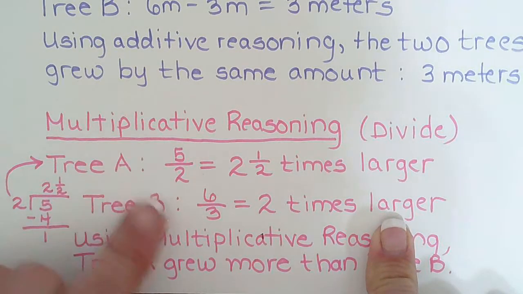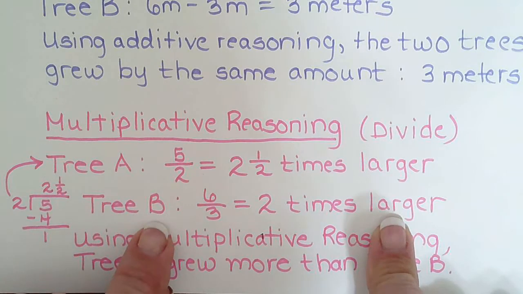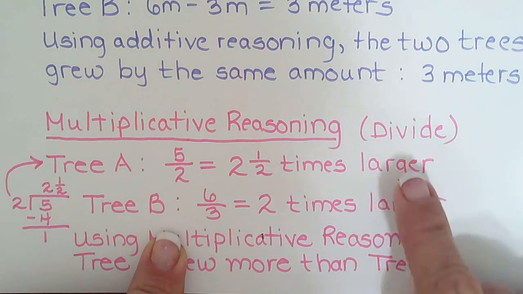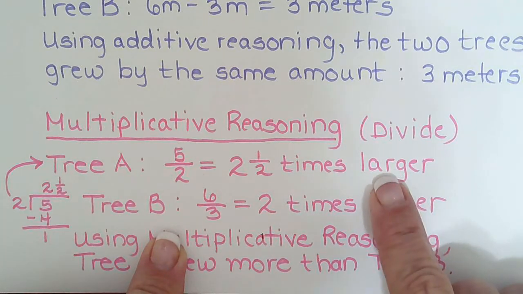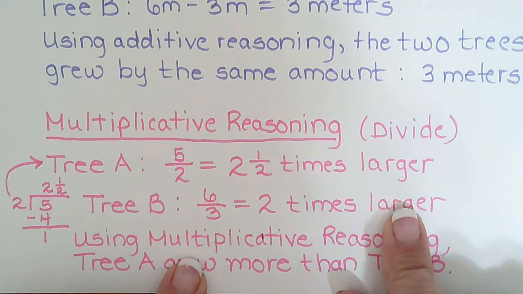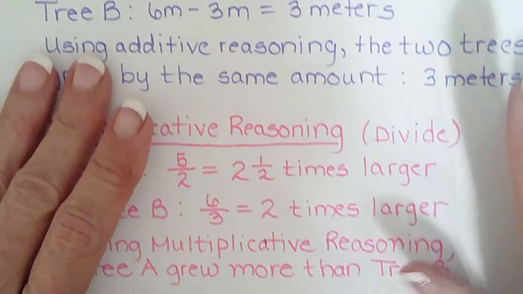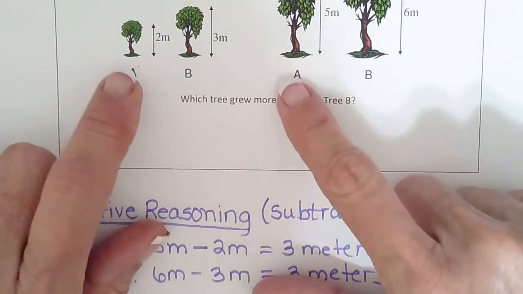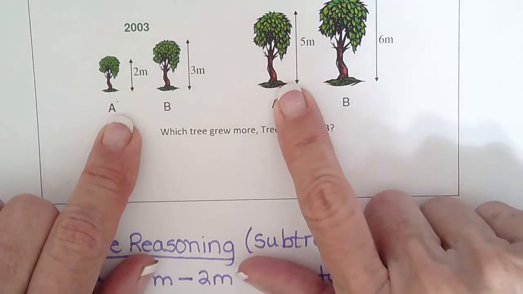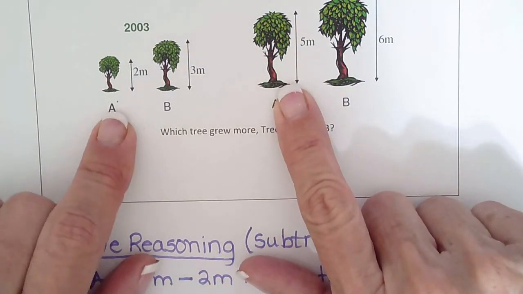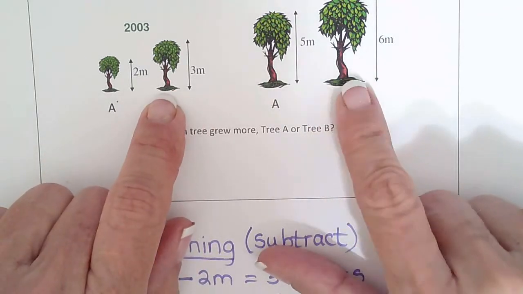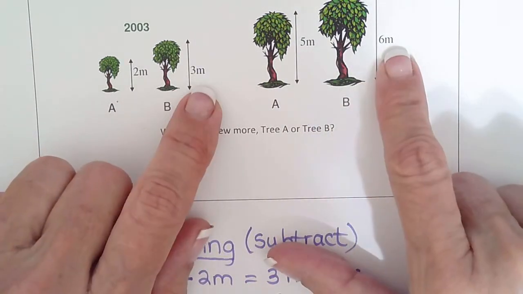In this case, this reasoning is actually better because we can see the trees really didn't grow the same amount. Tree A is 2.5 times larger than it was. Tree B is only 2 times larger. So using multiplicative reasoning, we can say tree A grew more because it's 2.5 times larger than at the beginning, where tree B is only double, 2 times larger.